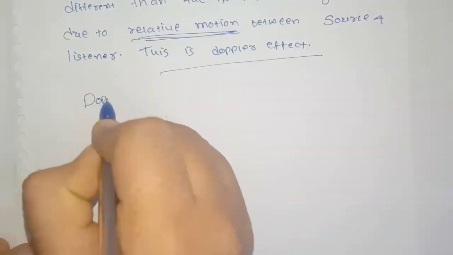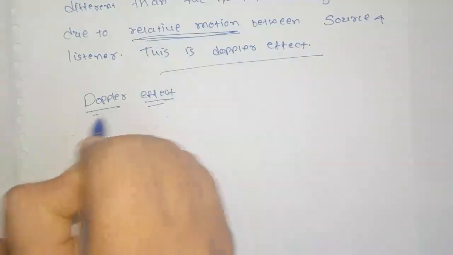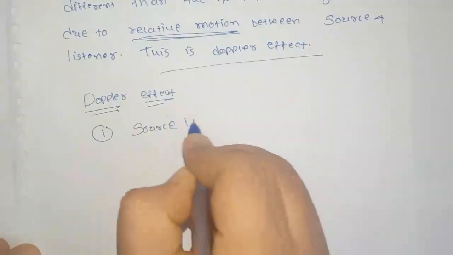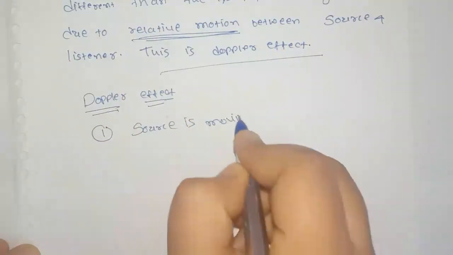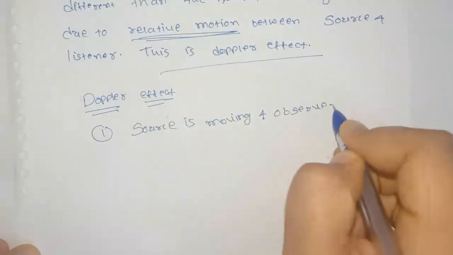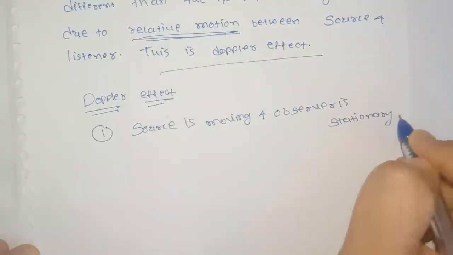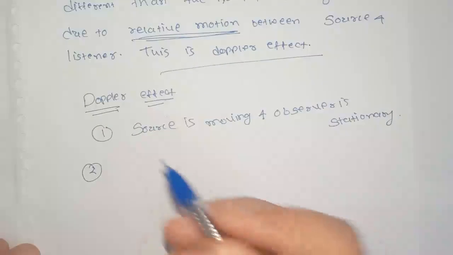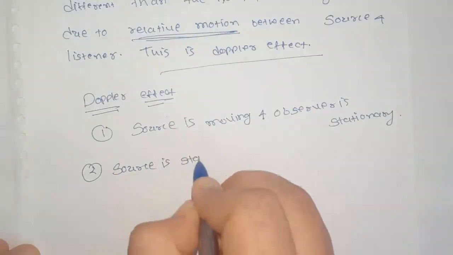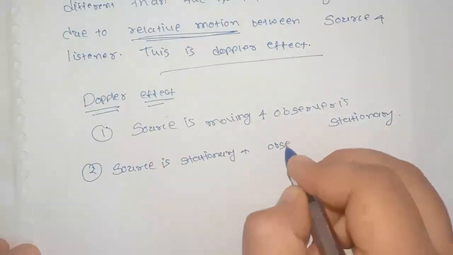The Doppler effect can be observed when source is moving and observer is stationary. It can be observed when source is stationary and observer is moving.